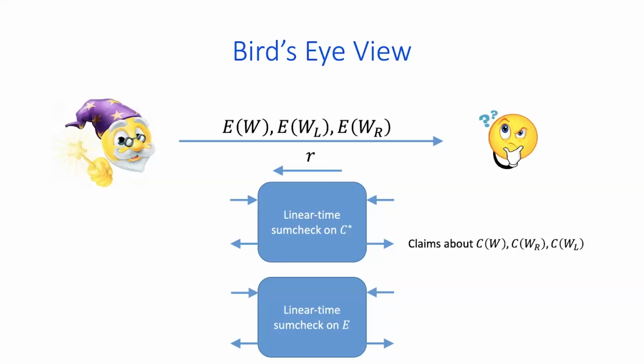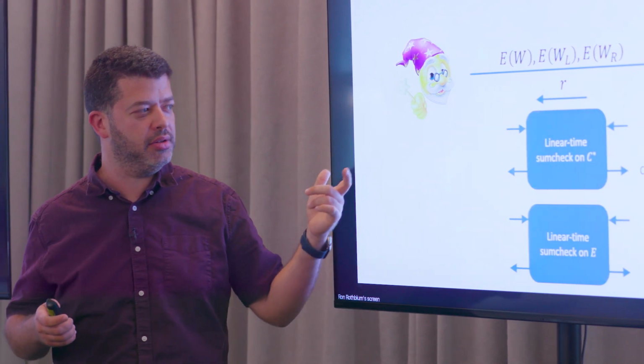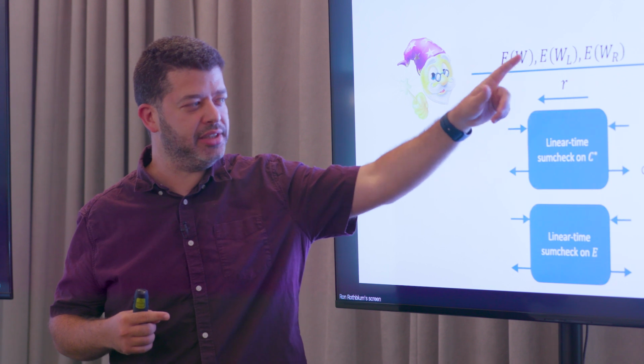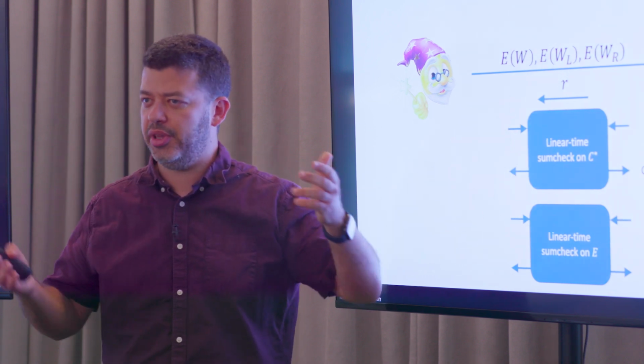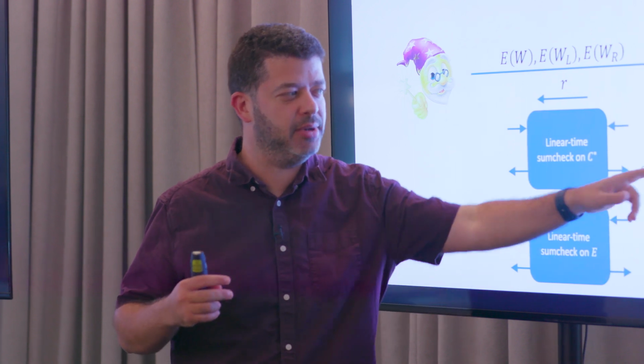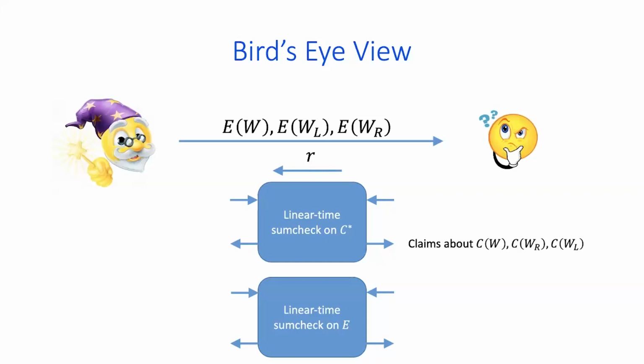The verifier chooses the random vector R, and now you pretend that what was sent here was C. You run all the machinery that we saw before relating to C. You get claims about C of W, CWR, CWL. And now you run sum check on E to verify these claims relative to these values. Okay, so there are three phases to this protocol.